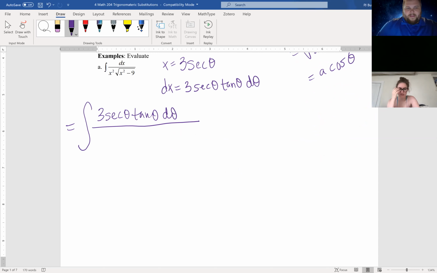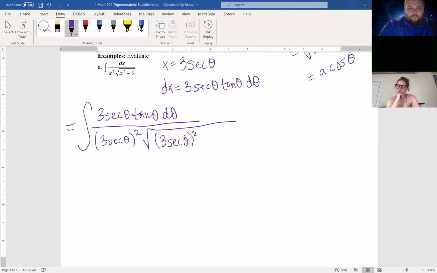On the bottom, I have x squared, so that is 3 secant theta quantity squared, and under the radical, I have to plug it in yet again. So then I need to start simplifying this as much as possible.